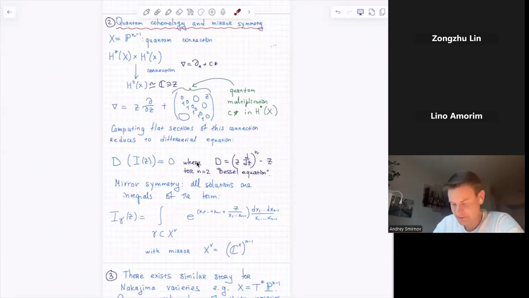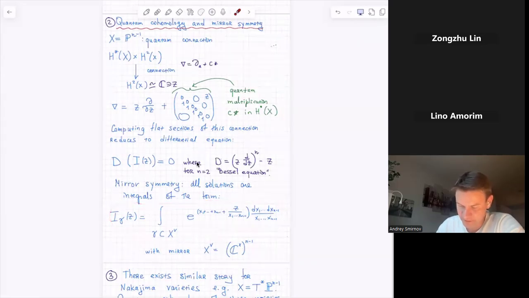Informally speaking, mirror symmetry is a statement that this differential equation can be solved, and all solutions to this differential equation, like linearly independent solutions, all come as integrals of this type.